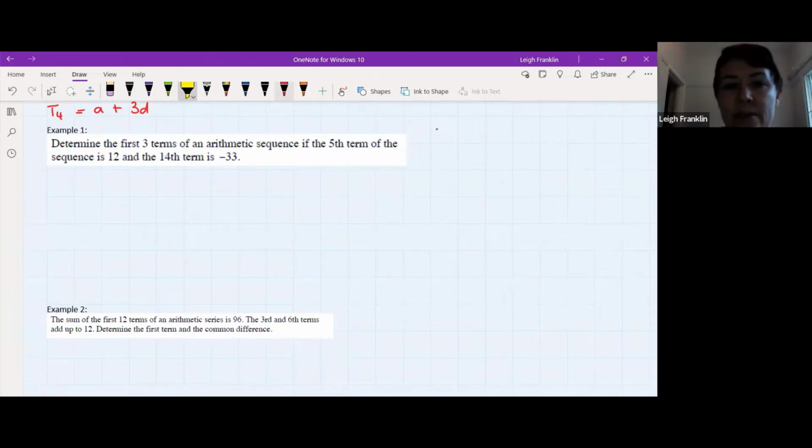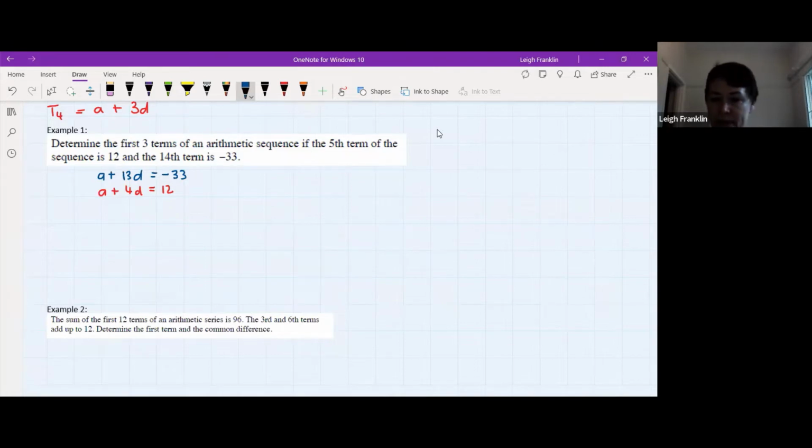We would write term 5 as A plus 4 differences is 12. The 14th term we would write as A plus 13 differences is negative 33. There are our 2 equations. And now we need to solve simultaneously.